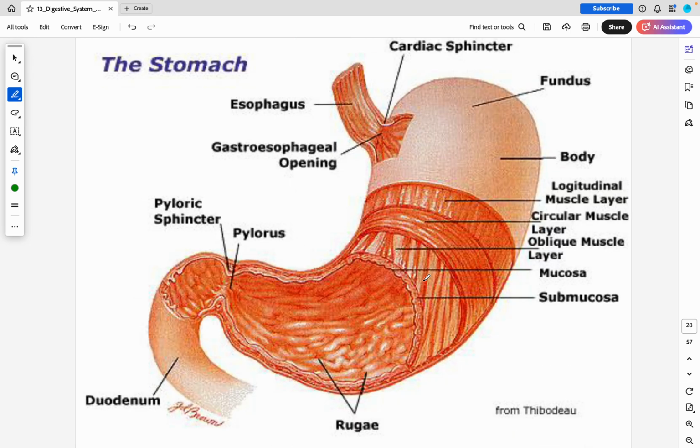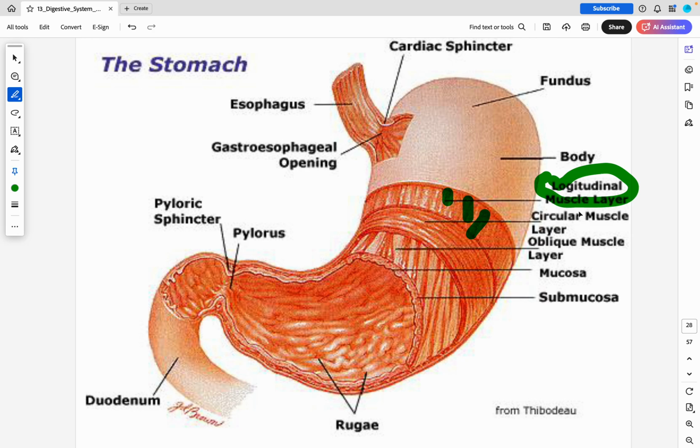Here is more on the stomach. If we look into the muscular layers that define the vicinity of the stomach, there is a longitudinal muscular layer parallel to the direction of the gut. You see the orientation of the muscle fibers; it's longitudinal.